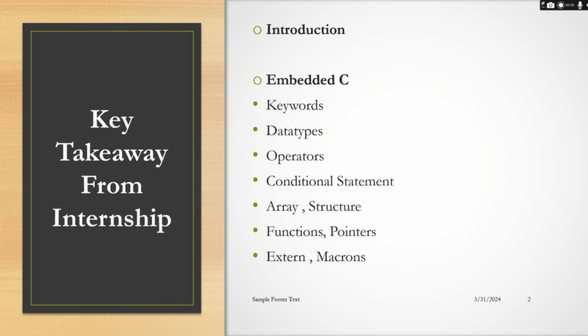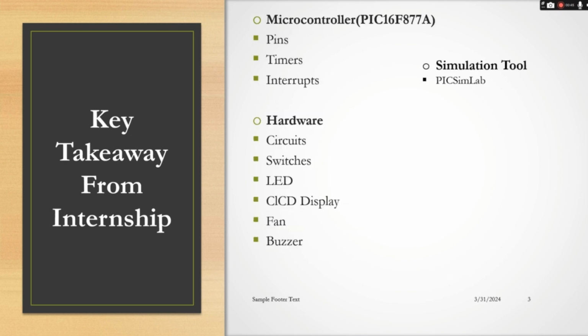The key takeaways from the internship are these. We covered full embedded C in this internship, and we covered the basics of microcontrollers like pin diagrams. What is a microcontroller? It's either an 8-bit microcontroller or a 16-bit microcontroller, and we studied timers, interrupts, and other circuits as well as memory devices.